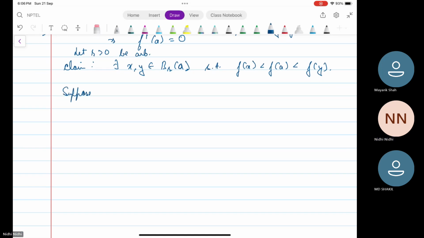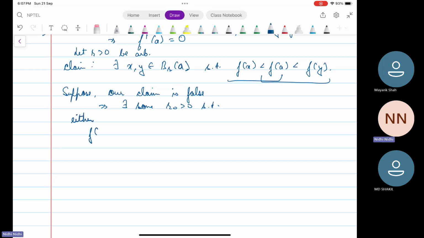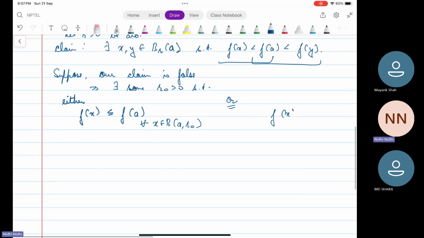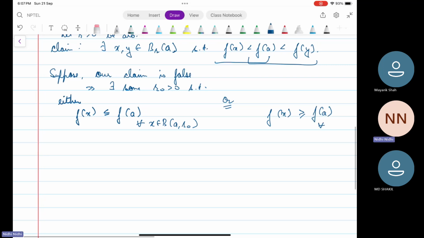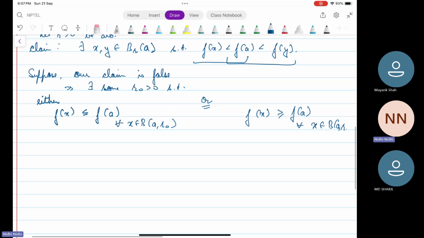Suppose our claim is false. This implies there exists some R naught positive such that either f(x) is less than or equal to f(a) for every x in B(A, R naught), or f(x) is greater than or equal to f(a) for every x in B(A, R naught).